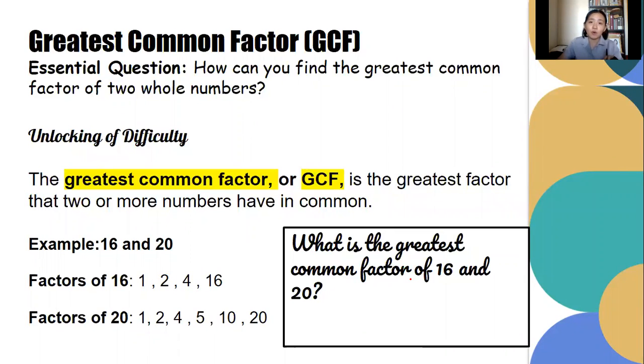Sometimes there are more than two common factors between numbers. But again, when you say GCF, all you need to do is just to get the biggest among the list of the common factors. So in this case, if we have 2 and 4 as our common factors, we have 4 as the bigger number. Therefore, that would be our GCF.